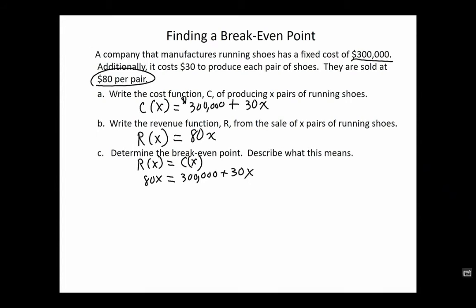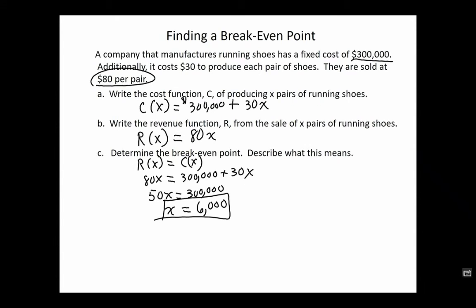We merely just need to solve for X. 80X minus 30X is 50X, which is equal to 300,000, and X is going to be 50 divided into 300,000, which is 6,000.